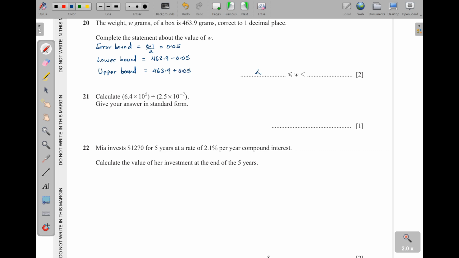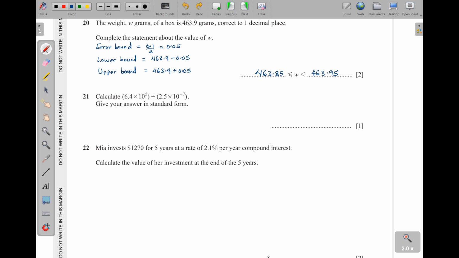This will give us 463.85 for the lower bound and 463.95 for the upper bound. Usually people make a mistake here. They calculate these very well, but then in putting the results in the statement, they put them in the wrong places. Be careful.